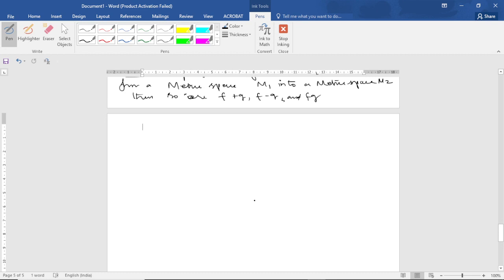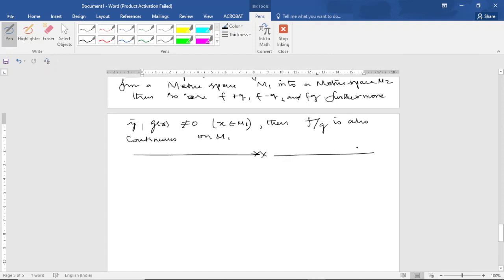And furthermore, I forgot: if g of x is non-zero for every x in M1, then f by g is also continuous on M1. So this is same as the previous theorem, so that is okay.